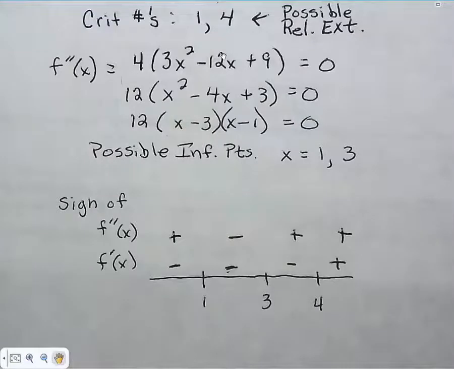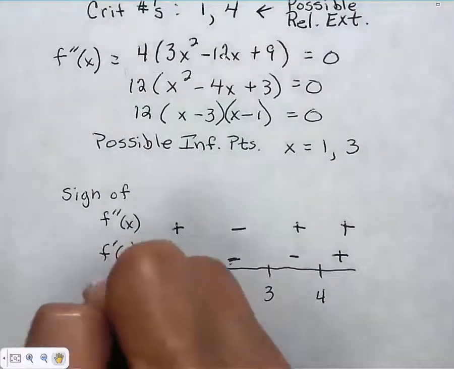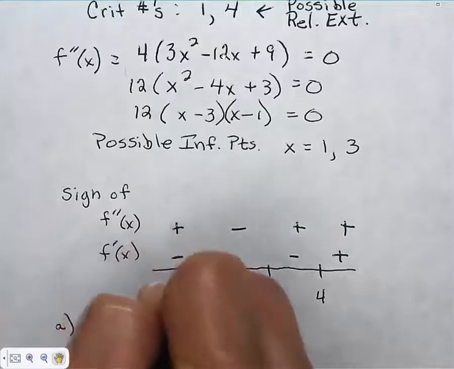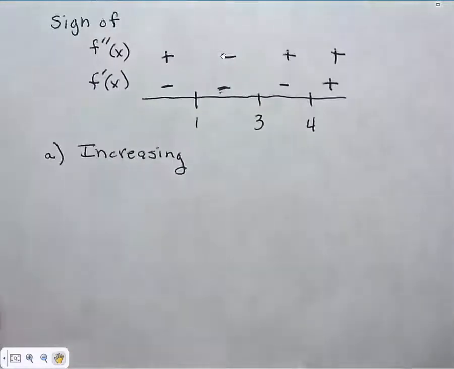So now I'm looking at this because I want my parts A, B, C, D, E, F, G to match up here. A part, I want the increasing intervals. To find the intervals over which the function is increasing, do I look at the first derivative or the second derivative?